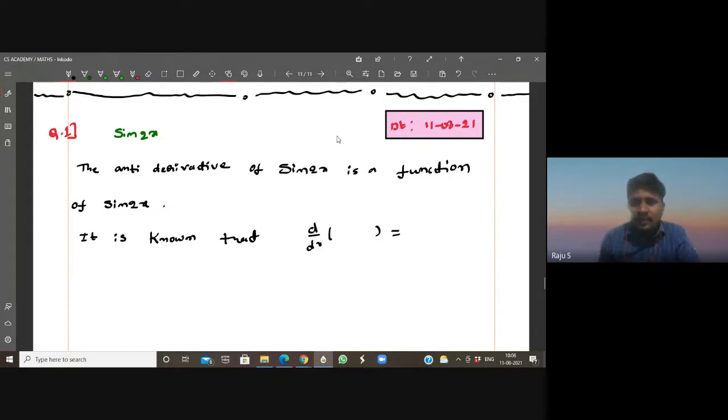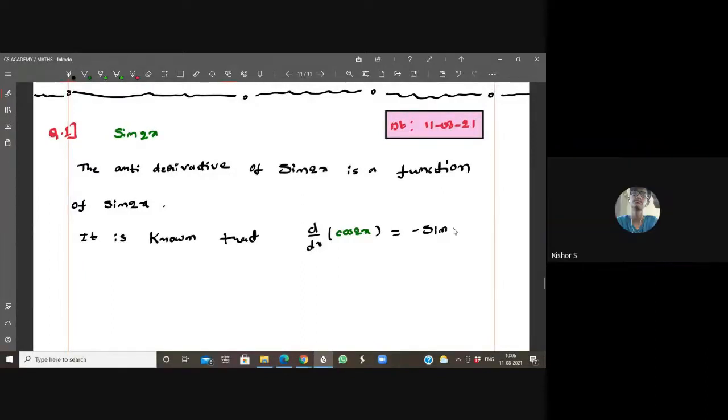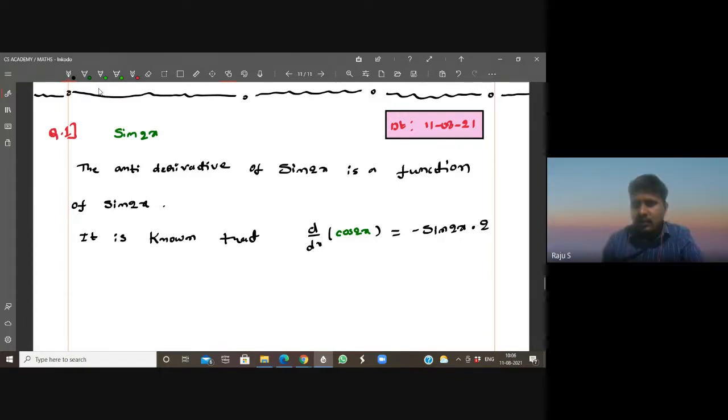It is known that sin 2x is given by generally cos 2x. I am taking cos 2x. What is the derivative of cos 2x? Anyone? The derivative of cos 2x is minus sin 2x times 2. But we require only sin 2x. So now this minus 2 I want to cross multiply, so that we get just sin 2x.